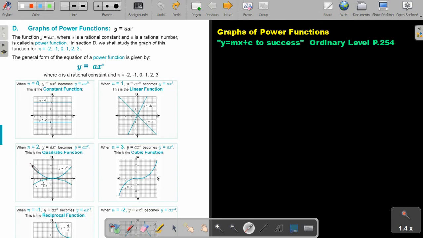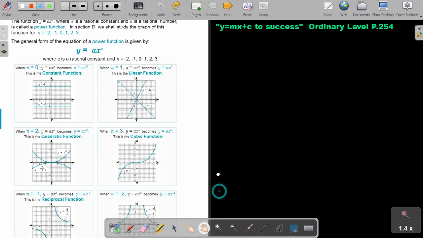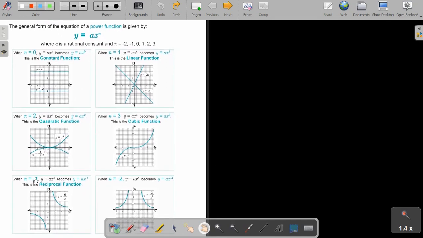When n was 2, it was the parabola. But now, if n is 3, it's going to be the cubic function. Okay, this is new. We already did n is -1. This was the parabola, and this was the hyperbola. Okay, I hope I said it correctly previously.